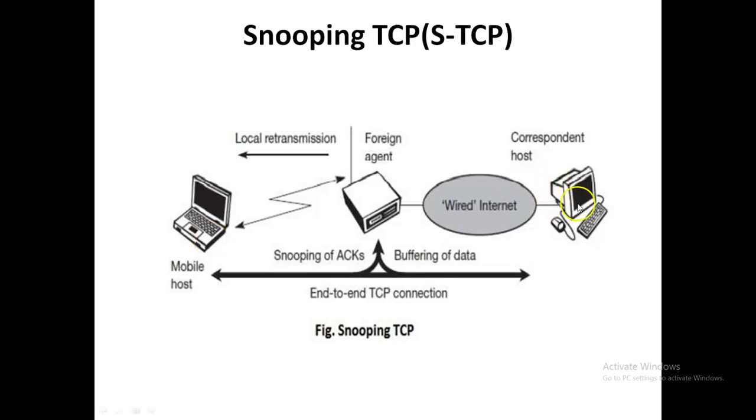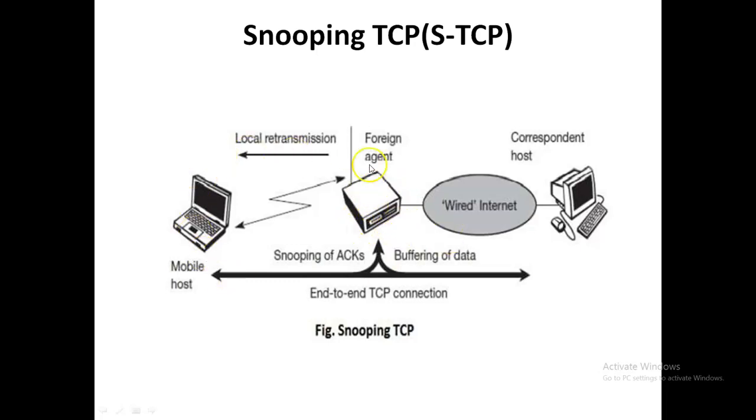Once information is sent by the correspondent host, it will be directly sent to the mobile host, and also the information is stored in the access point. Whenever an acknowledgement is not received back from the mobile host, the foreign agent or access point will retransmit the data to the mobile host. So the receiver doesn't have to rely on the sender to retransmit. Instead, the access point itself resends the information to the mobile host.